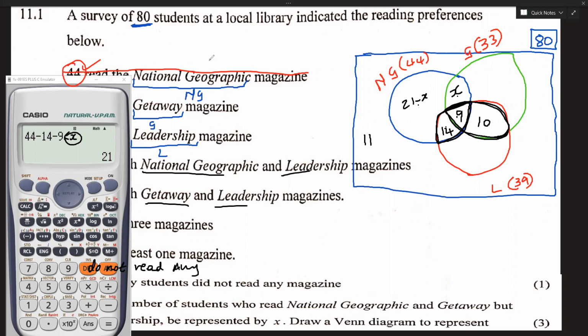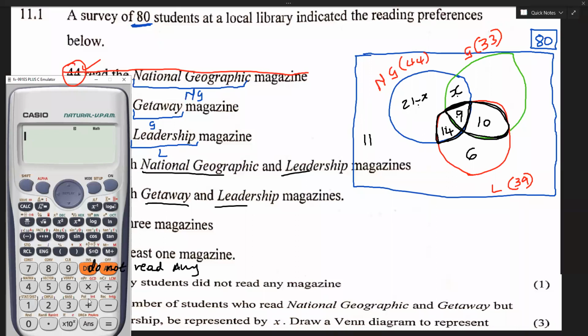Awesome. And then using the same method, we're going to come here now. We take 39, right? We take 39, we minus 14, we minus 9, we minus 10. Then that gives us 6. So this is 6. Then we go there, we do the same thing, right?